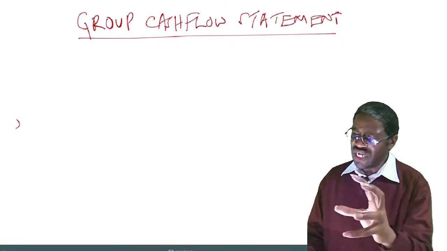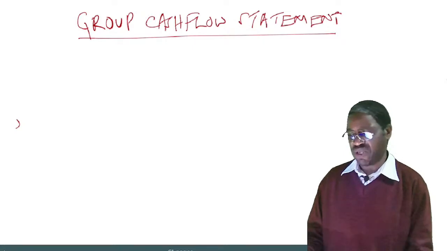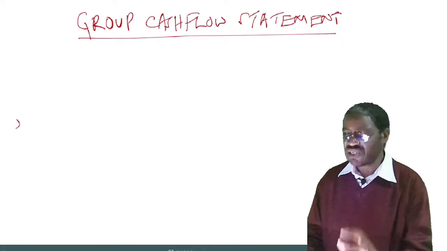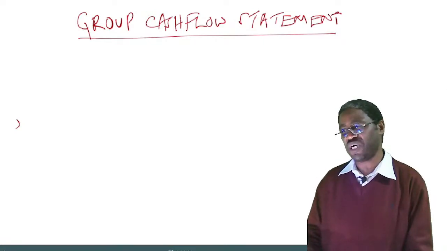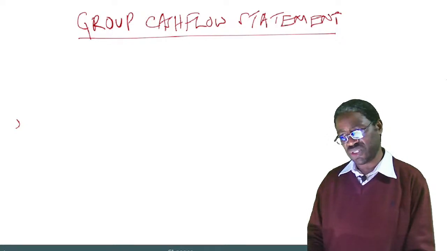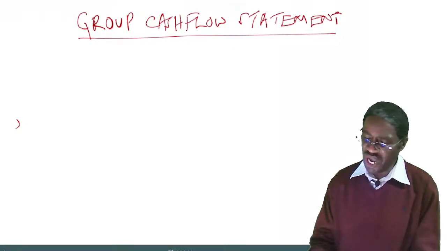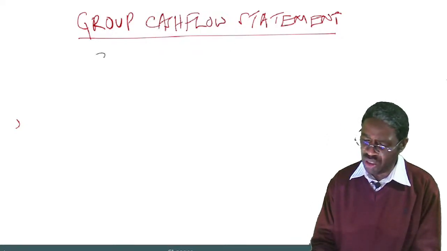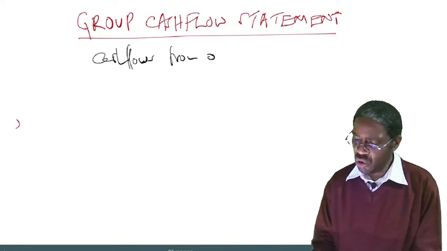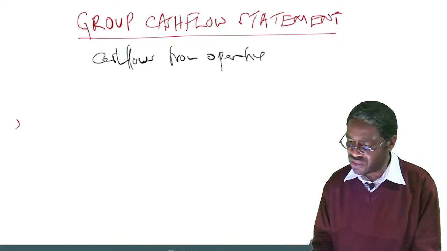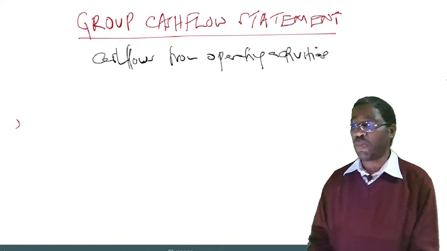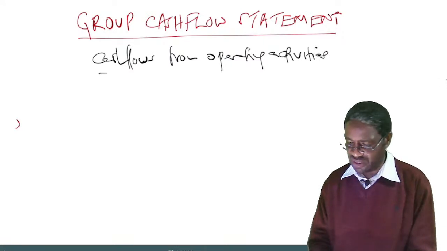Now listen, whether you are using the direct method or indirect method, you remember you had to classify your cash flows into three categories. First, you had to start with what you call the cash flows from operating activities.